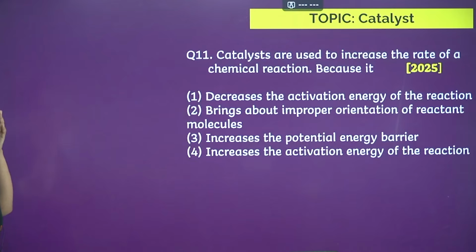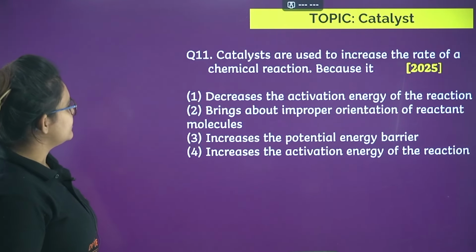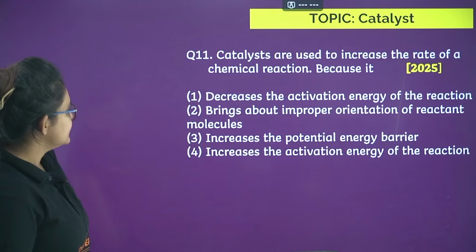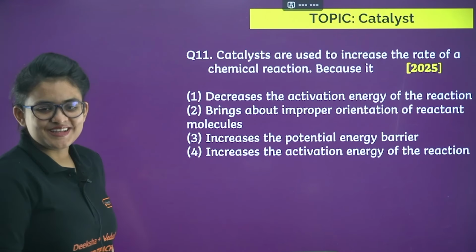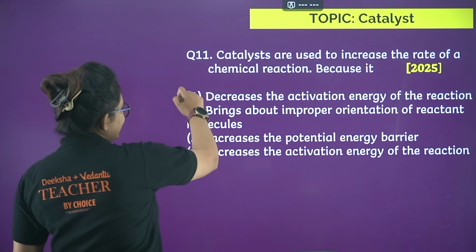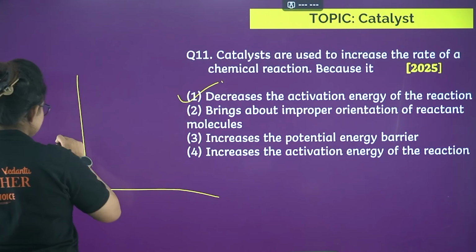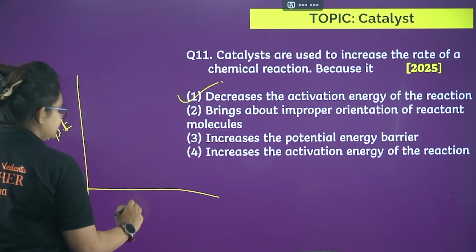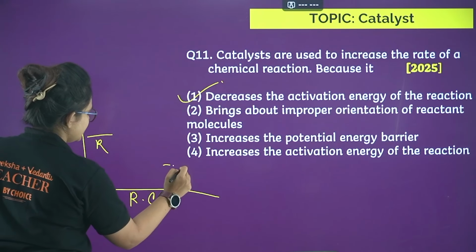So it's a direct question, it seems. Catalysts are used to increase the rate of a chemical reaction because it decreases activation energy. So definitely that's going to be the correct answer. If this is my potential energy and this is my reaction coordinate, this is my reactant, this is my product.